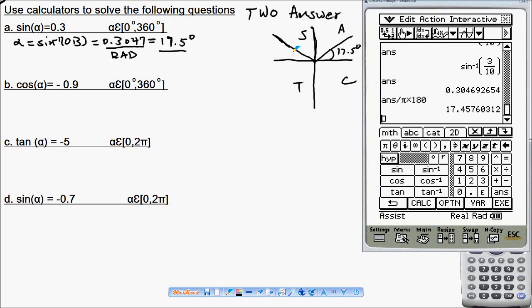The angle there should be the same as the angle here, 17.5 degrees, and we have 180 degrees, so this value will be 180 minus 17.5, which is 162.5 degrees.